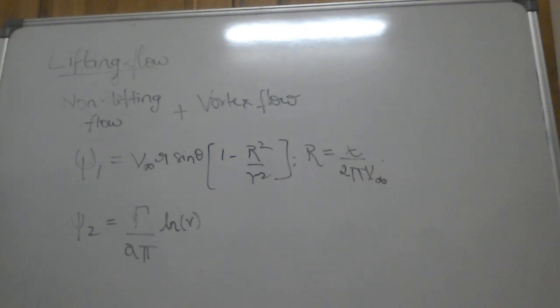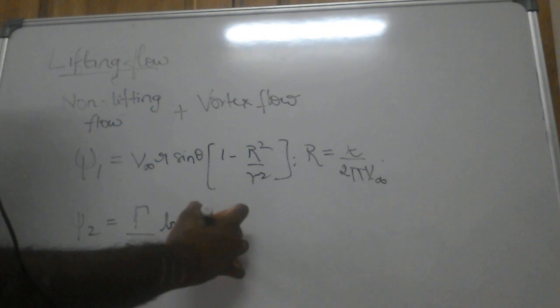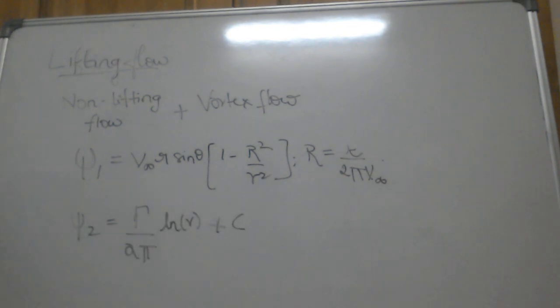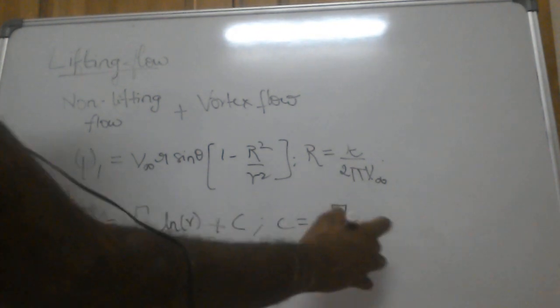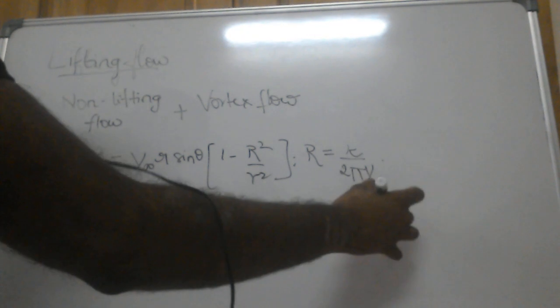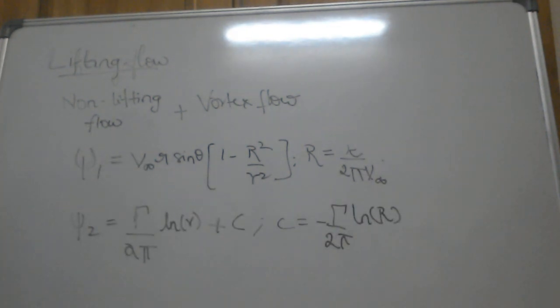So if you remember, the stream function psi is obtained by performing an integration, and therefore we've actually ignored a constant of integration, which is c. Now for this c, which is an arbitrary constant, I choose a value of c equals minus gamma by 2 pi logarithm of capital R. Now I'll shortly explain why we choose this.